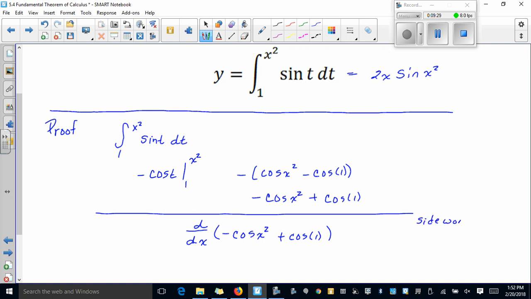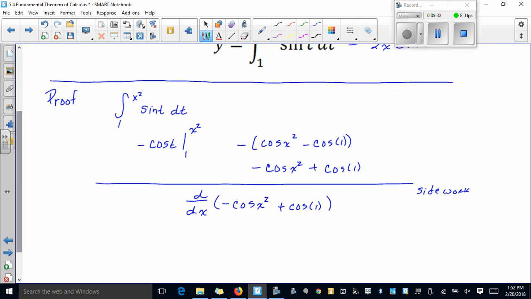The outside is negative cosine of the inside. And the outside prime is going to be sine of the inside, because of the negative sign, but two negatives make it positive. And then the derivative is the inside prime times the outside prime, or 2x sine of the inside.